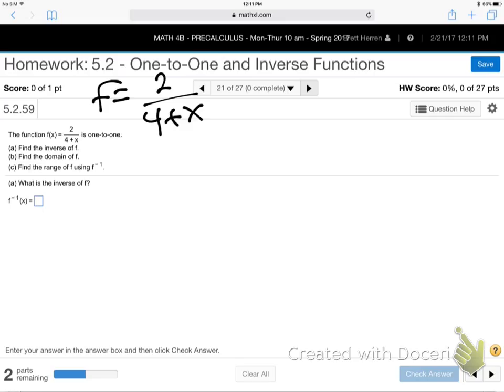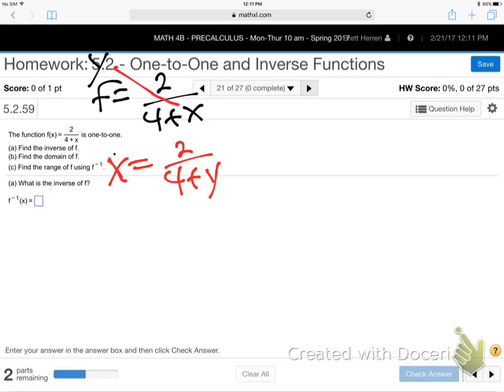All right. So this is our y. So switch x and y, so this will become x out here. So x on the outside, y there.